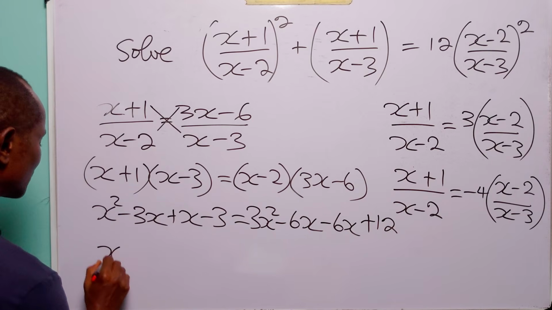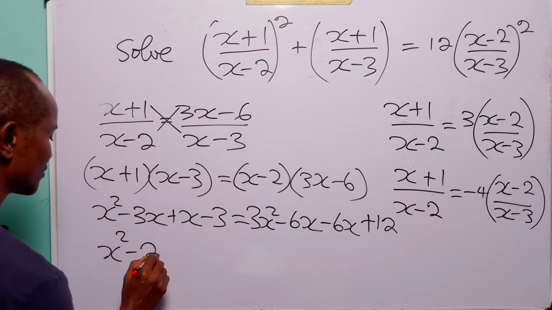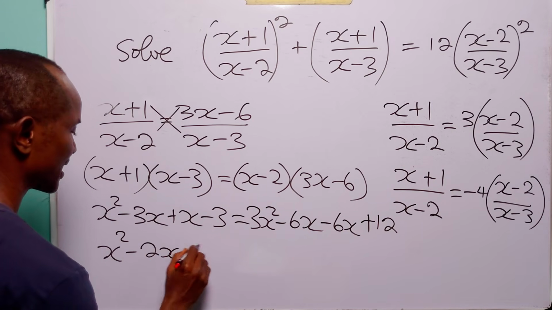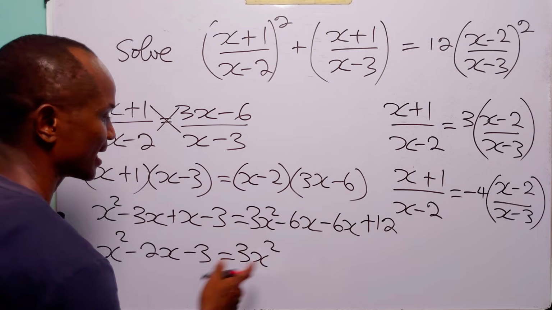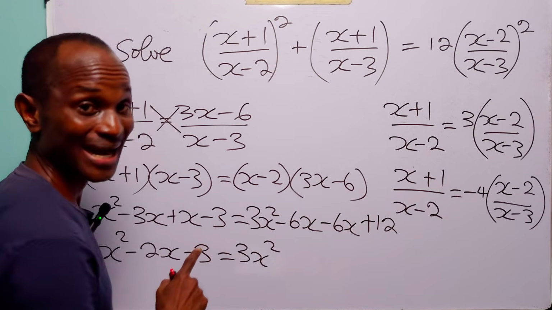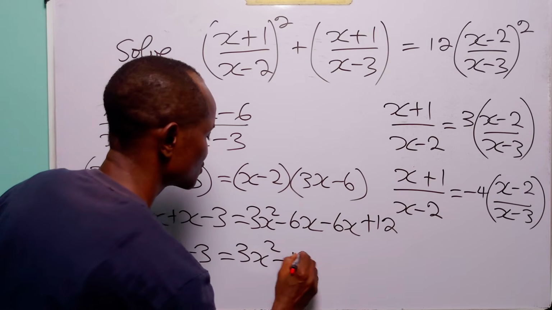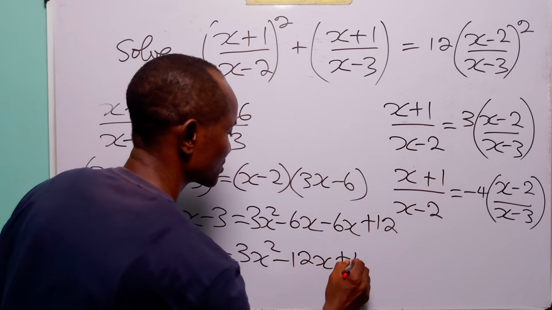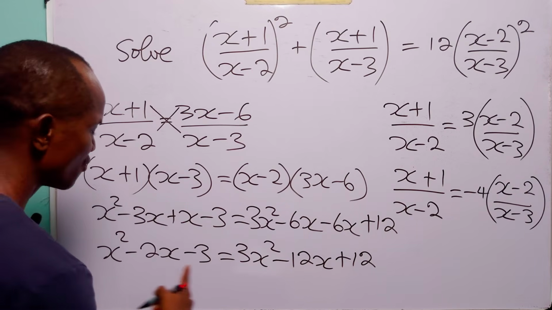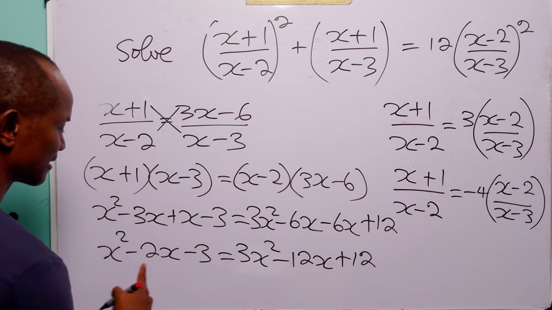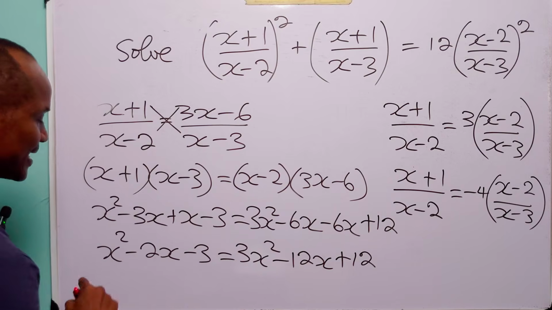So here we have x squared minus 2x minus 3 is equal to 3x squared minus 6x minus 6x is minus 12x plus 12.